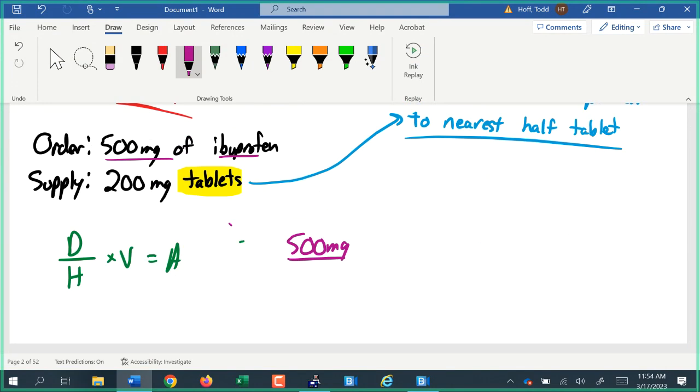Now, again, with the on-hand dose, H, that's what we have on hand. That's the 200 milligram tablets. Now, this is actually giving us both H, the on-hand dose, and the vehicle. The 200 milligrams is H because that has the same units as the doctor's order. The one tablet is the vehicle.